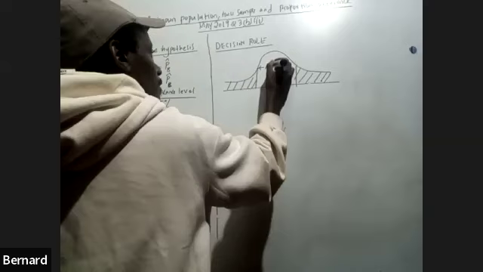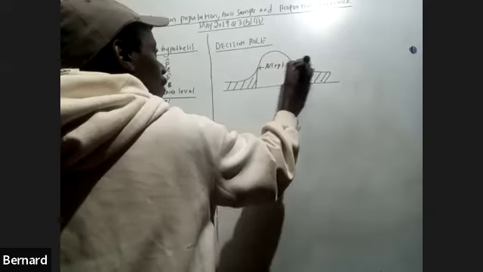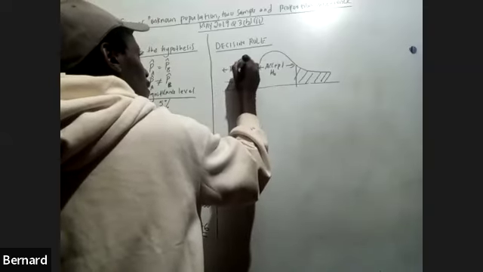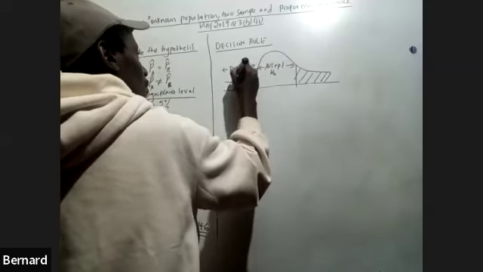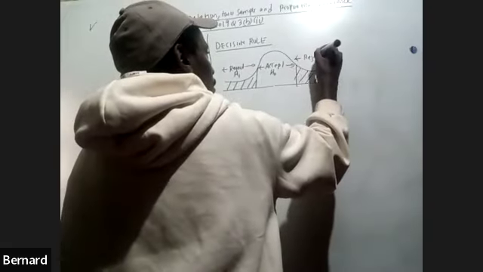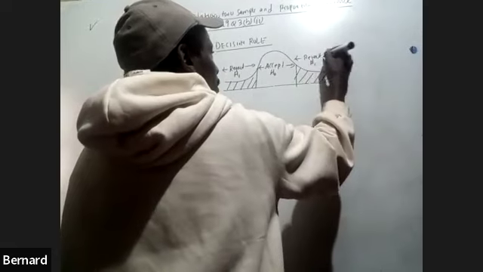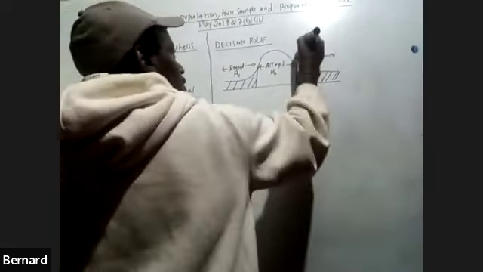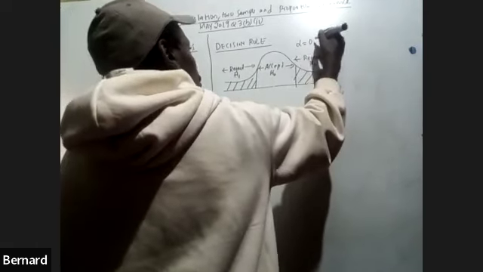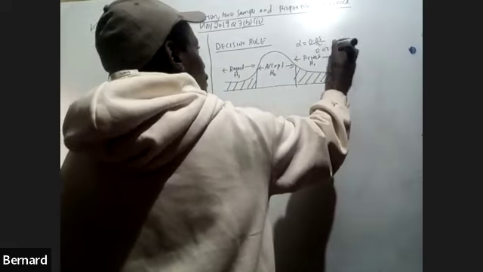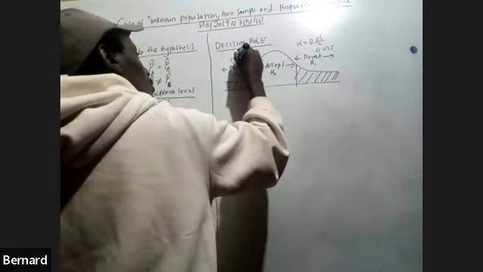So in the middle we accept H0, and here we reject H1, and also here we reject H1. The significance level is 0.05 divided by 2, which is 0.025.